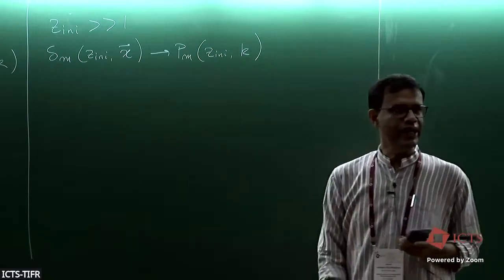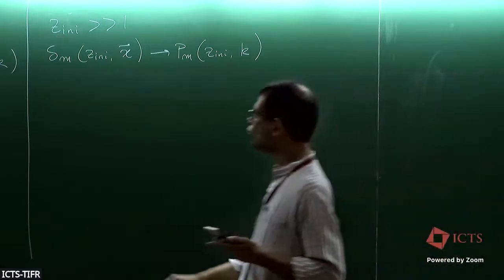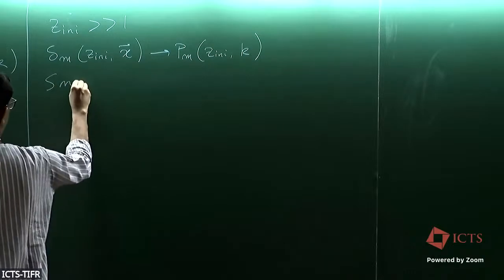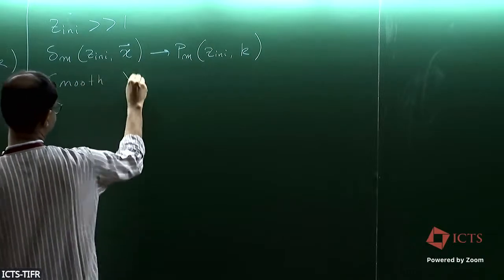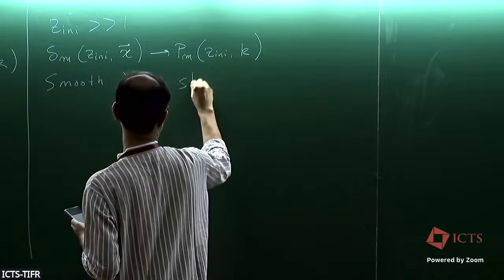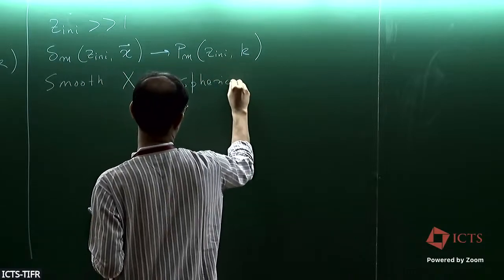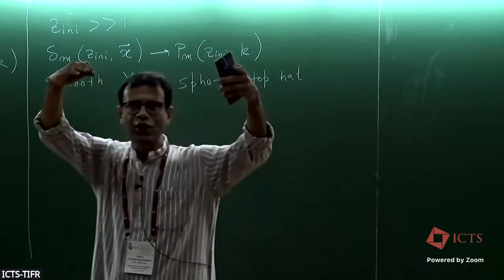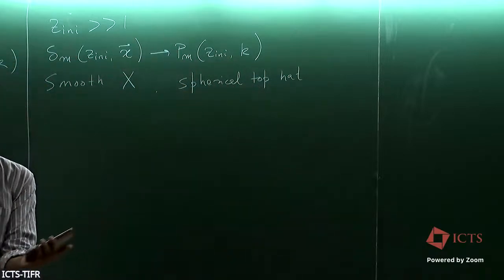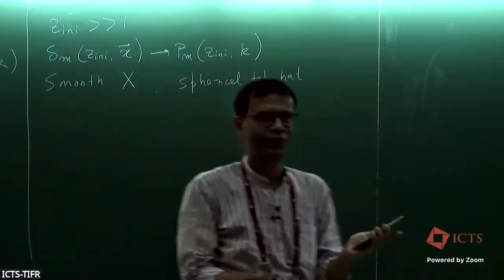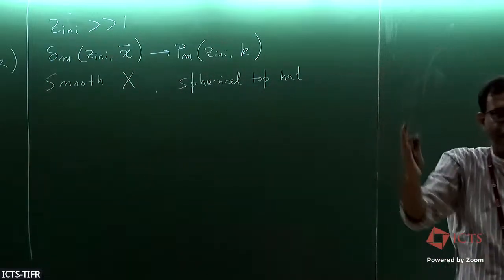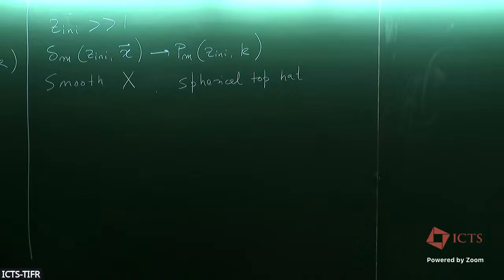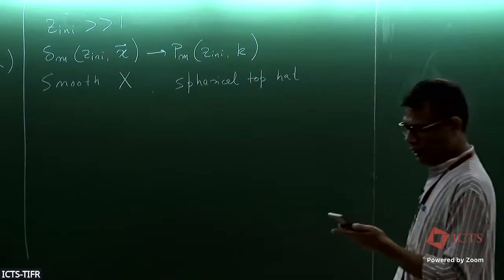Now let us take this field and smooth it over some scale x. Let us use a spherical top hat filter to make it clear, because when we did spherical collapse, we said there is a spherical region which encloses some mass m. This was a sharp-edged spherical region which has a clear radius. So that is the spherical top hat filter in real space. You smooth over x.